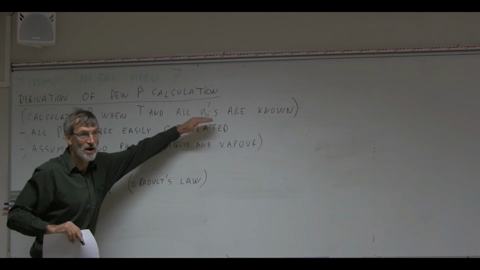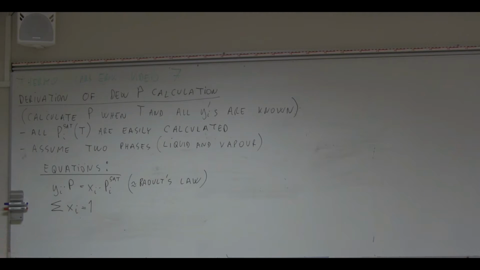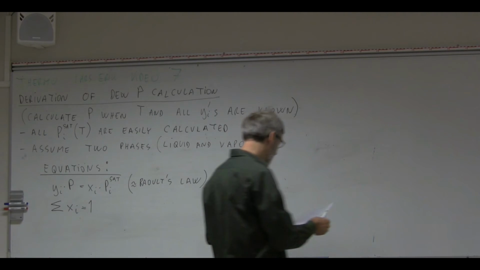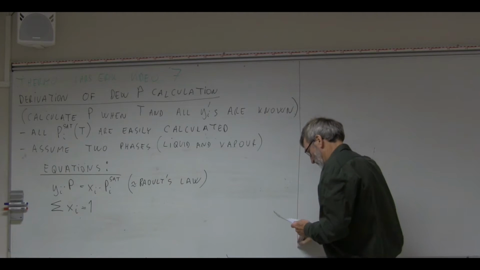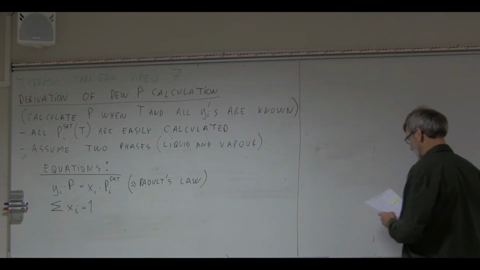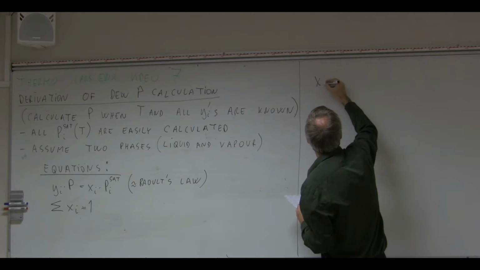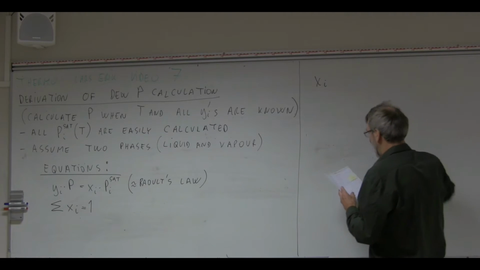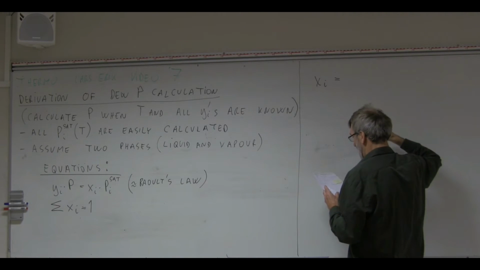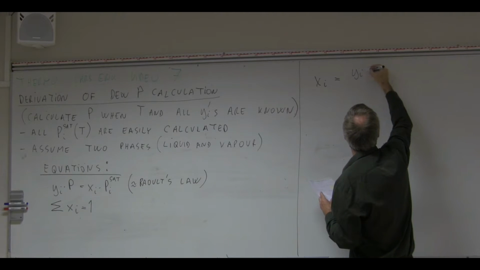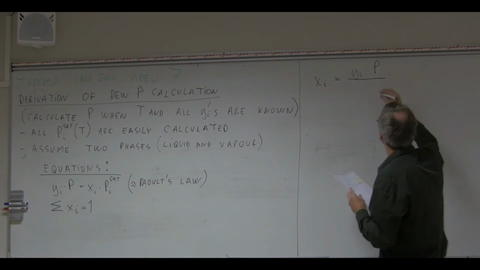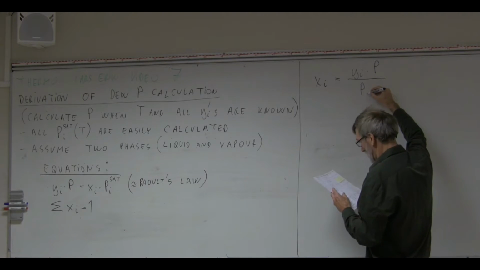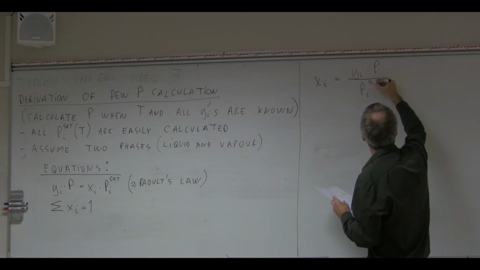However, that is defined in the task. From that, x_i is y_i times P divided by P_i^sat.